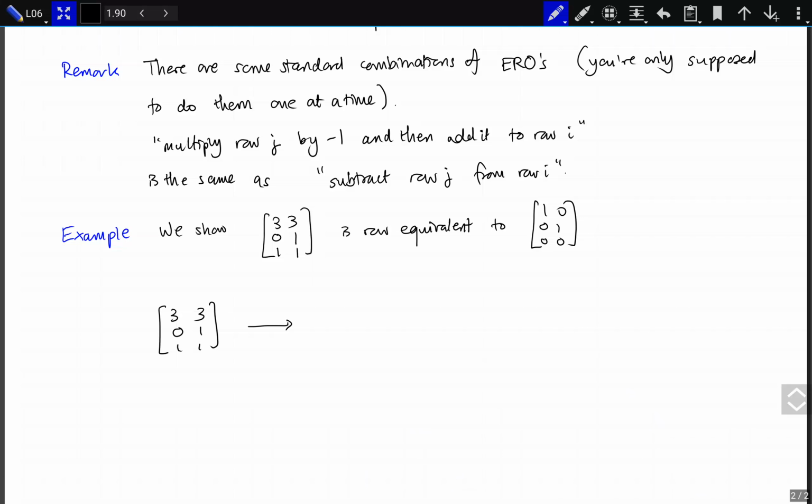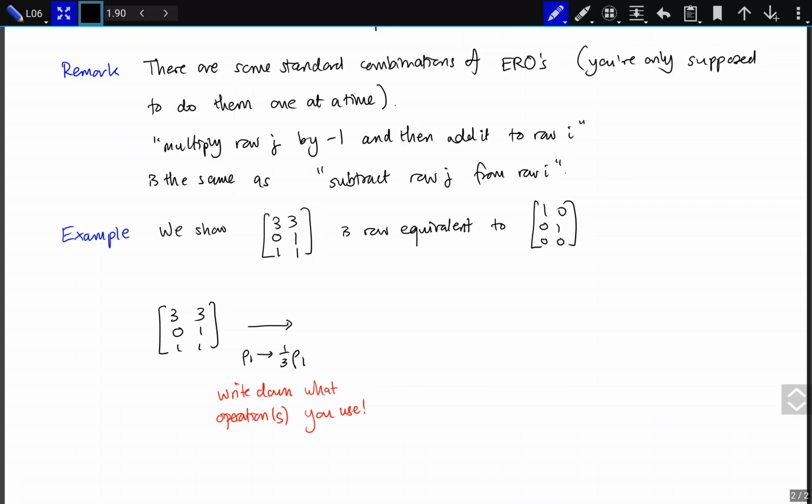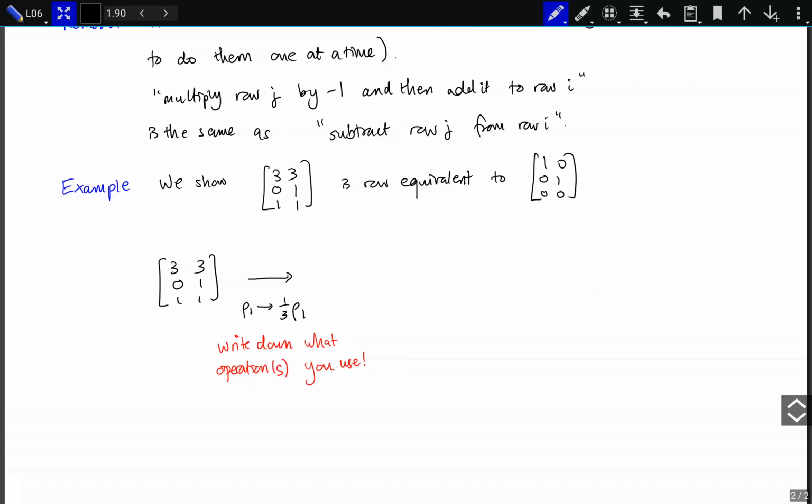I'm going to multiply the first row by 1/3. And you notice that I write down what I'm doing. Particularly when you're being assessed on this, I can't stress how important this aspect is. The person grading your work will have no idea what to do if you don't tell them what you're doing. And this applies beyond this. Whenever you're giving a proof or some argument, you should try to be as specific. You don't have to be wordy, but you have to be specific as to what you're doing.